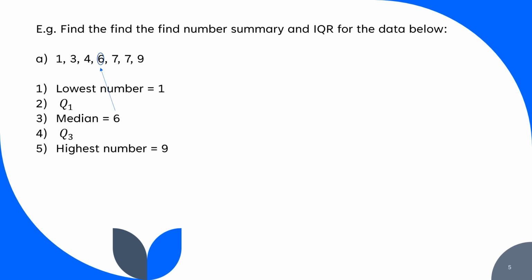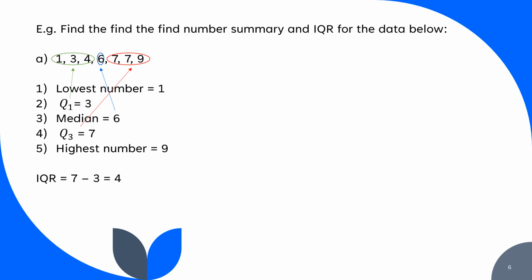From our first set of data, the lowest number is 1, the highest number is 9, and the median out of those is 6. Because there's an odd number of scores, the median is one of the scores, so it's excluded. So now for Q1, it'll be the middle of the bottom 50%, so the bottom 3 scores in this case, and Q3 will be the median of the upper 50%, or those top 3 scores.